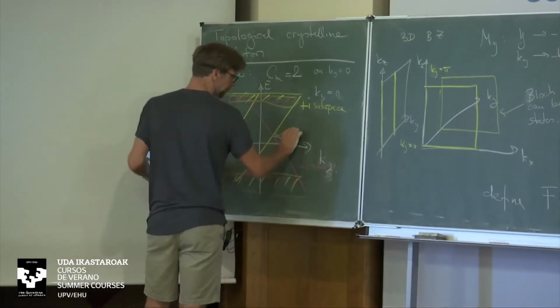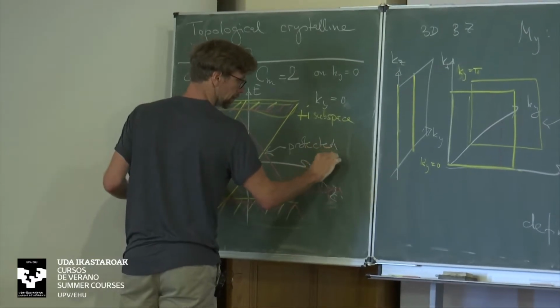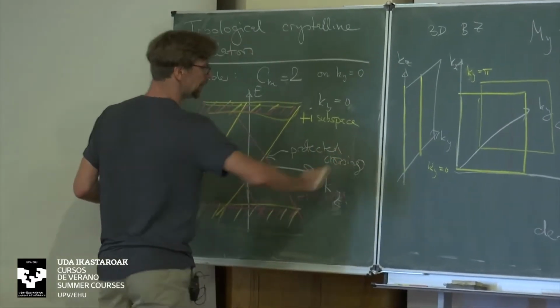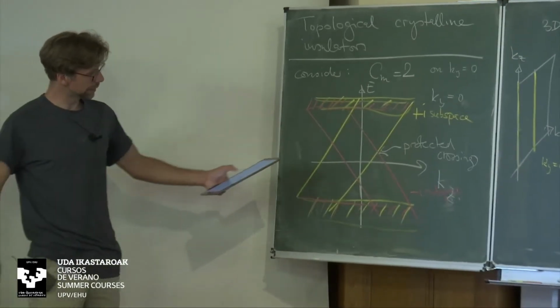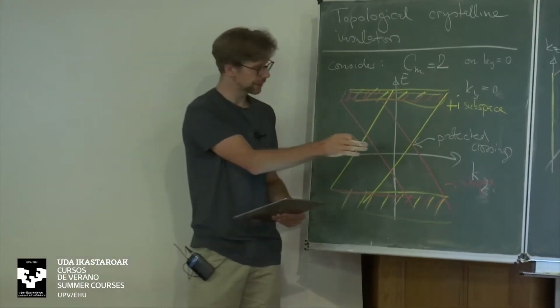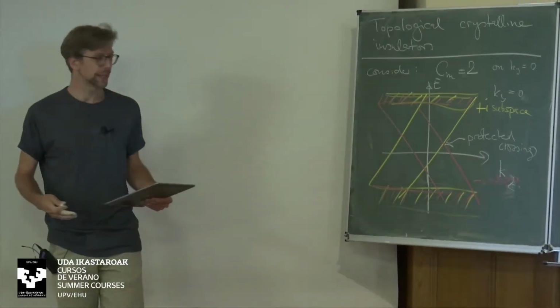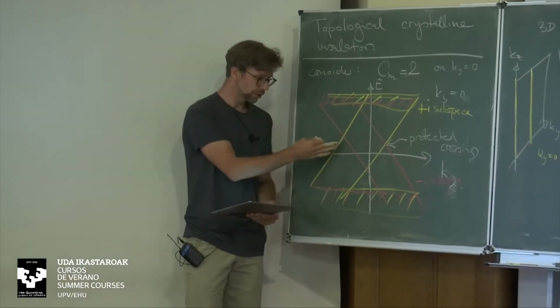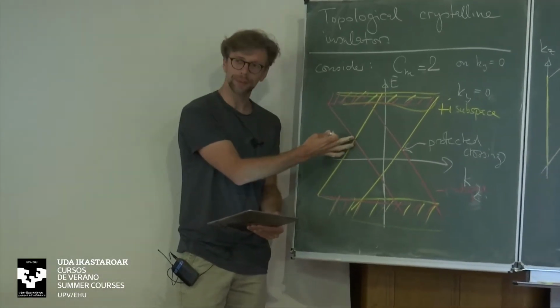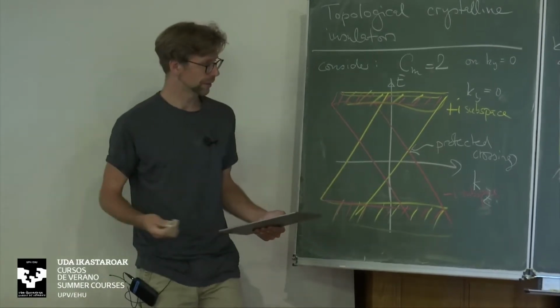Okay, so this is a protected crossing. And now if you think about how this, of course this is now at ky equal to 0, but if you think about how this dispersion would continue if you go to finite ky, then there's no local constraint. You can hybridize these states. And that means that you get two Dirac cones on the surface, right?